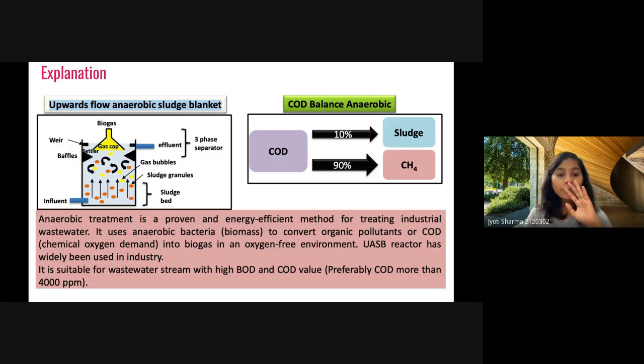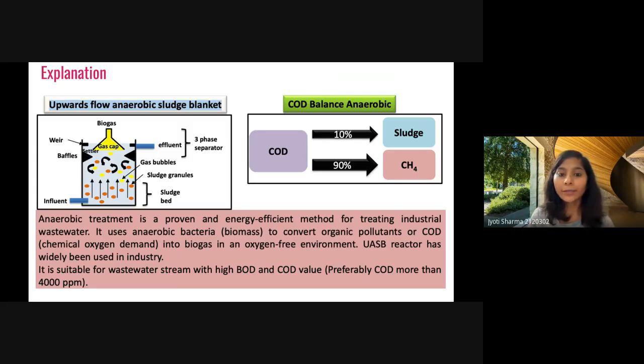So here we will have biogases removed from the top, and from the top right hand side, we will have the effluent. Here the main thing is that because we are using anaerobic condition, the sludge will be very low as compared to the aerobic activated sludge process, right?